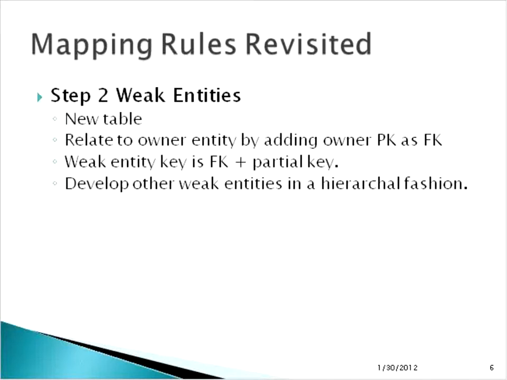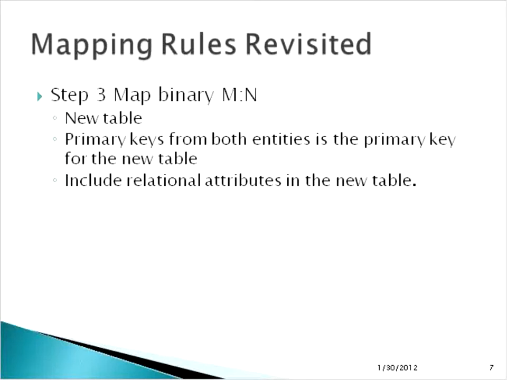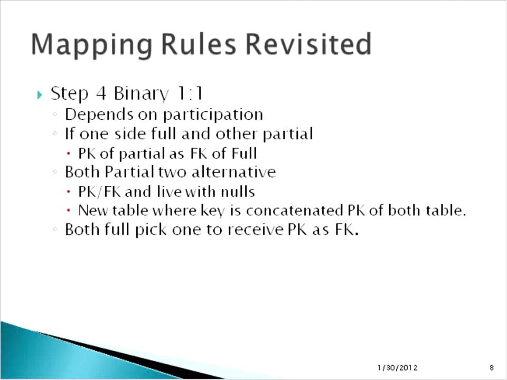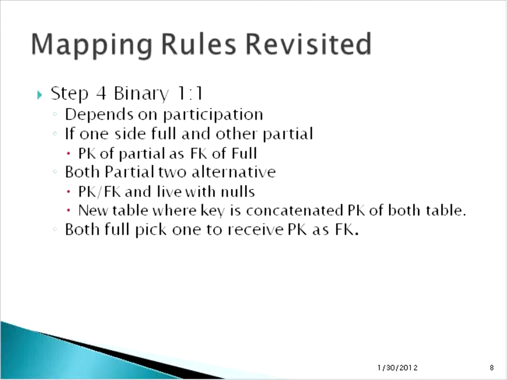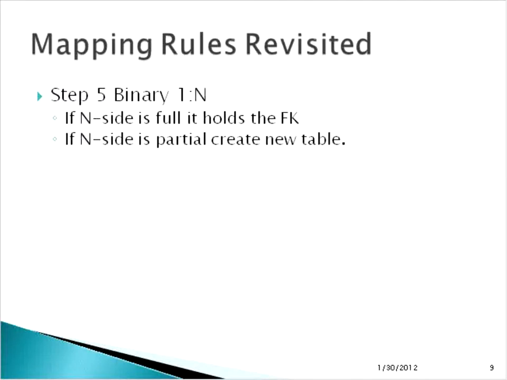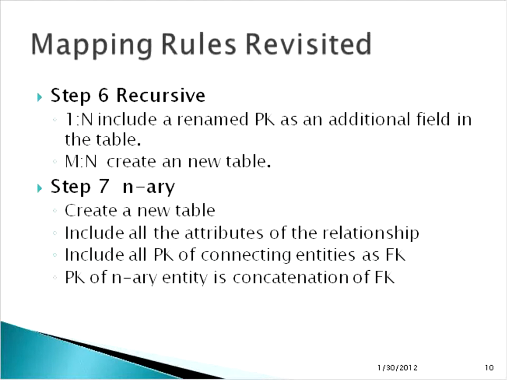On slide 5, we have step 1, which is to map strong entities to a new table, and then step 2, which is to map weak entities. Going on to the next slide, we have step 3, which is mapping binary one-to-one relationships, and then step 4, mapping binary one-to-many relationships, and so forth.